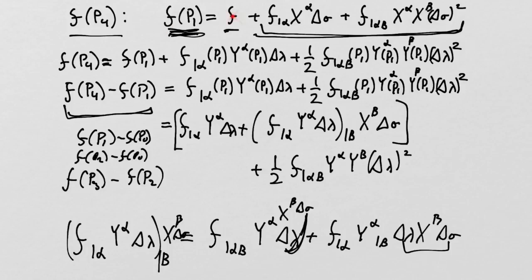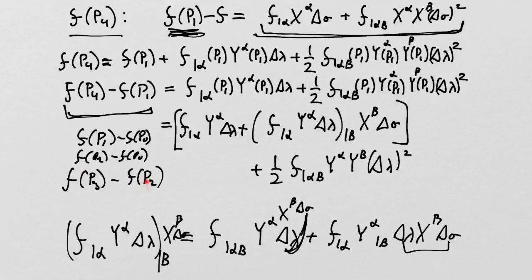And then what you do is you rearrange this a little bit, like so, and you get the differences: fp1 minus f, fp2 minus f, fp4 minus fp1, fp3 minus fp2. fp4 minus fp1 is going to be something that looks like this, with this little piece here substituted for that.